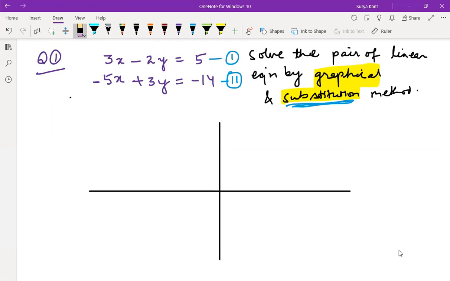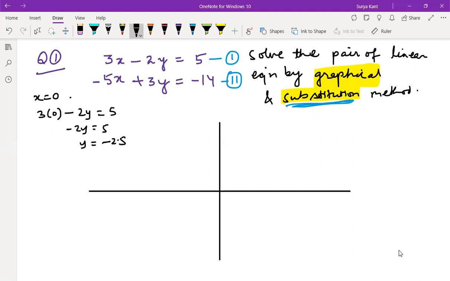See, I'm just putting x is equal to 0, then 3 into 0 minus 2y is equal to 5. So minus 2y is equal to 5. So what do you get for y? Minus 2.5, you get or not? Understood now?